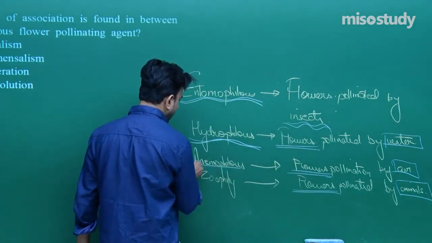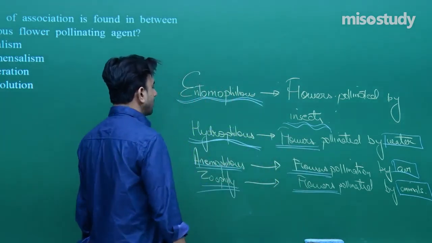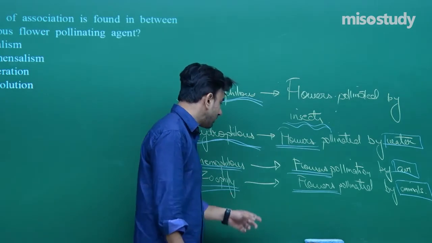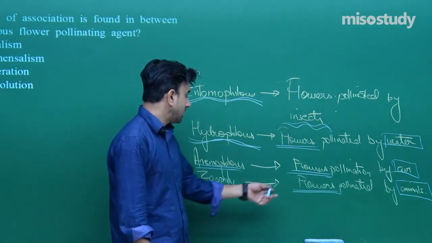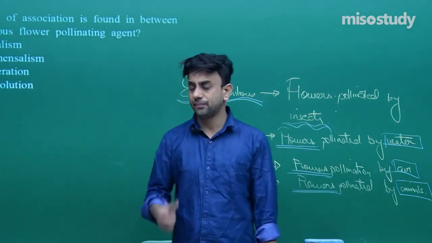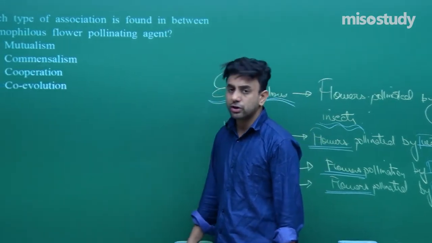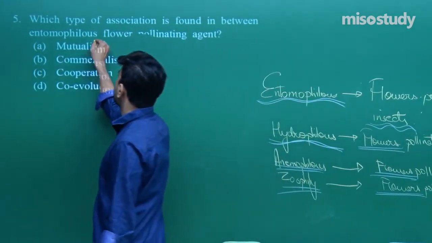So anemophilous flowers are pollinated by air, zoophilous flowers are pollinated by animals, and entomophilous flowers are pollinated by insects.